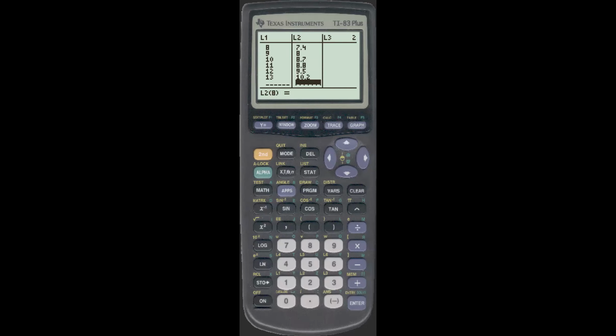And so the way this works now is you actually have to quit out, which is a little weird. You have to second quit. Then you click on calc, and then you go down to linreg like that.